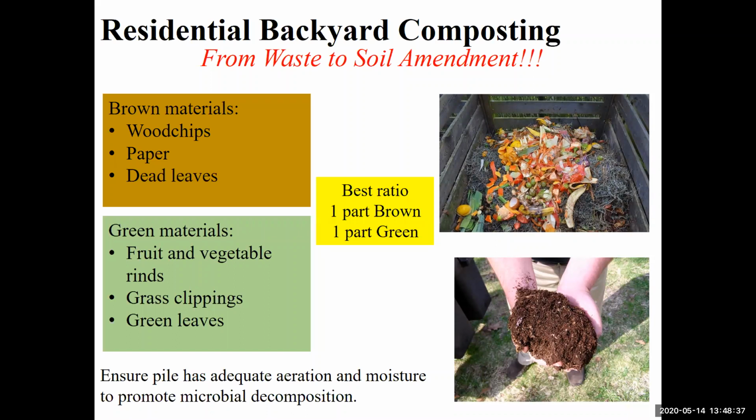With composting, microorganisms such as bacteria or fungi decompose, breaking down organic material like food scraps, and turning it into a nutrient-rich material that can be used as a soil amendment.